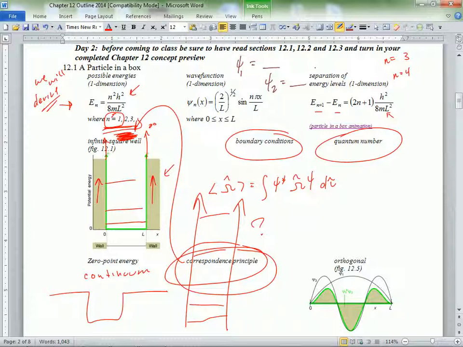Here they wrote psi1 and psi3. It doesn't matter. They just have to be different. Then those states are orthogonal.